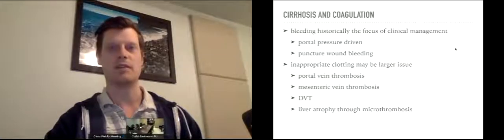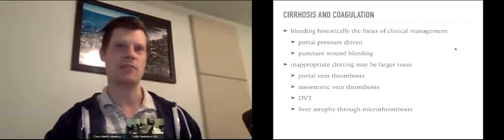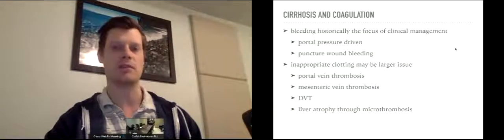And the second category would be mucosal or puncture wound bleeding, which may have a component of premature clot breakdown in cirrhosis. However, a more common clinical issue is likely inappropriate clotting, which is seen in portal vein thrombosis and mesenteric vein thrombosis, as well as peripheral limb deep vein thrombosis. This hypercoagulability can also contribute to accelerated liver atrophy through microthrombosis.